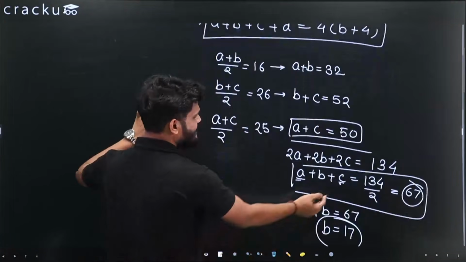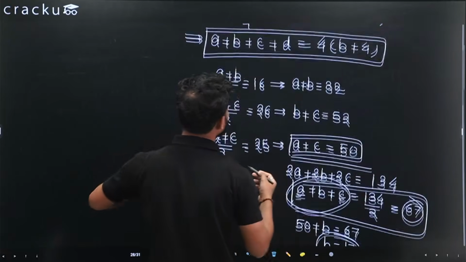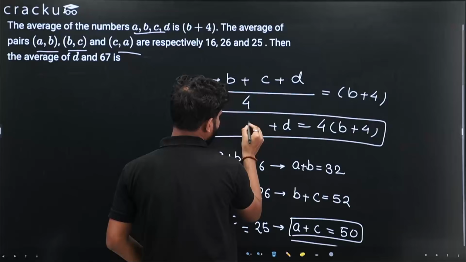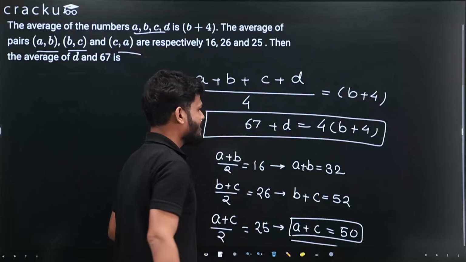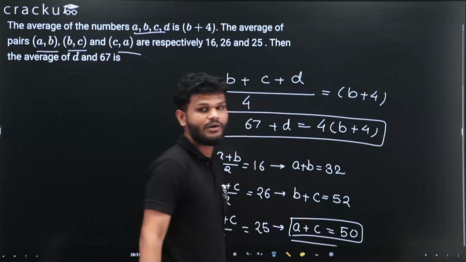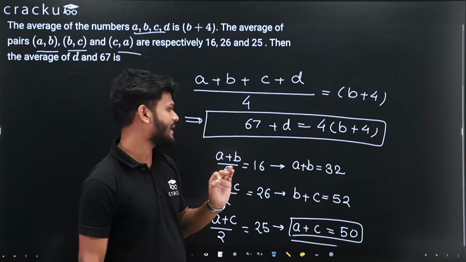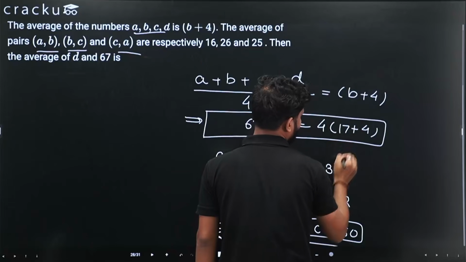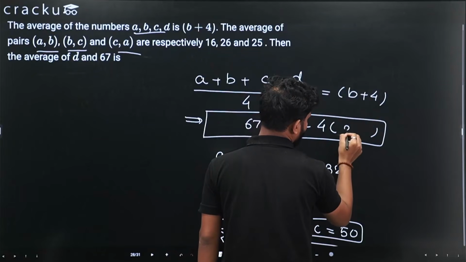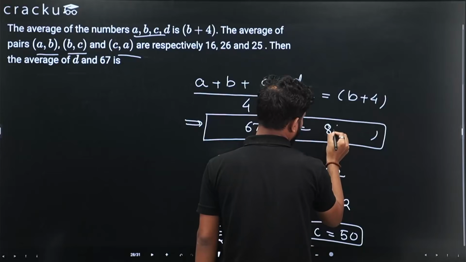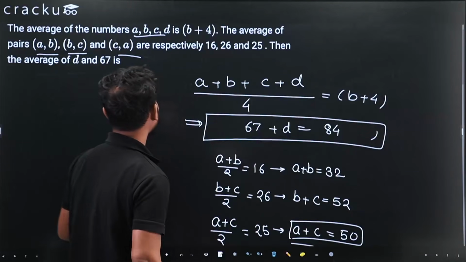Now A plus B plus C is 67. B I got 17. So 17 plus 4 is 21. 21 multiplied by 4 is 84. Correct?